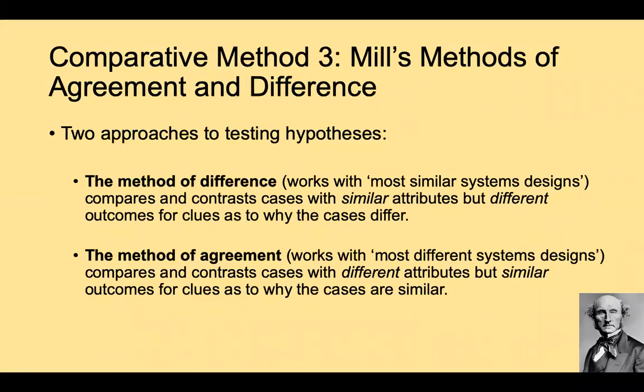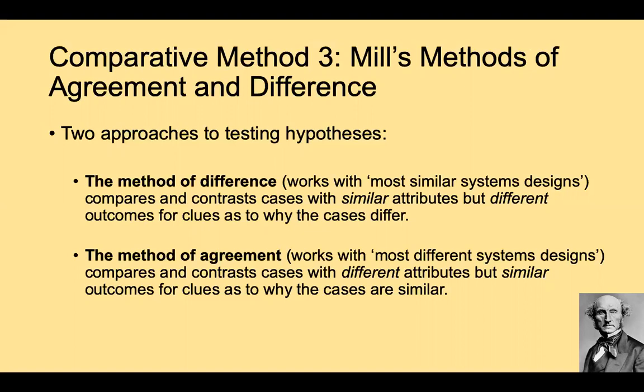And these methods are the method of difference and the method of agreement. Now, the method of difference compares and contrasts cases with similar attributes but different outcomes. And what you're doing is you're looking for clues as to why the cases differ. What is it that differentiates those cases? Why do similar cases go different ways?